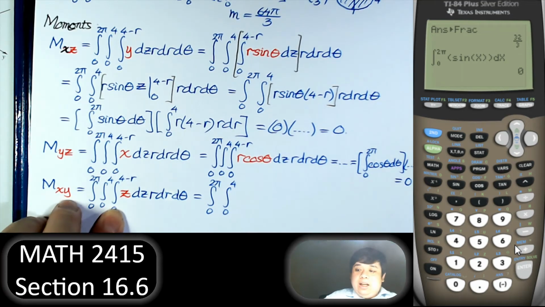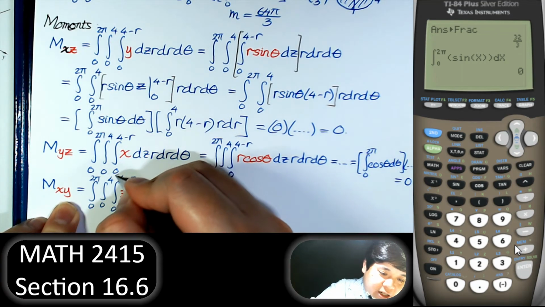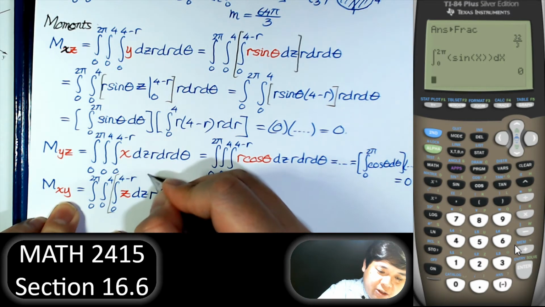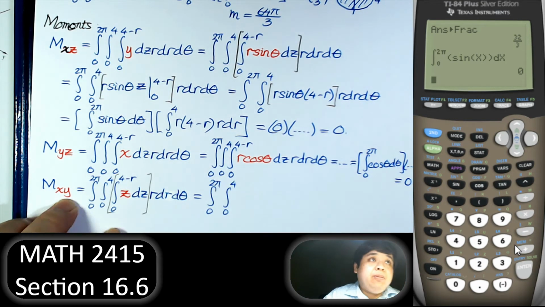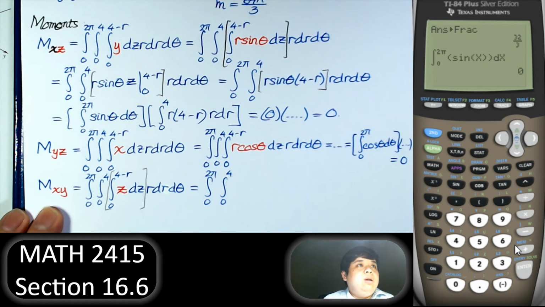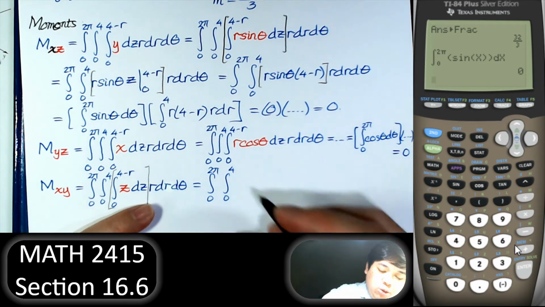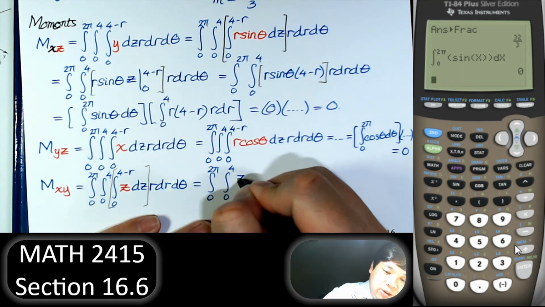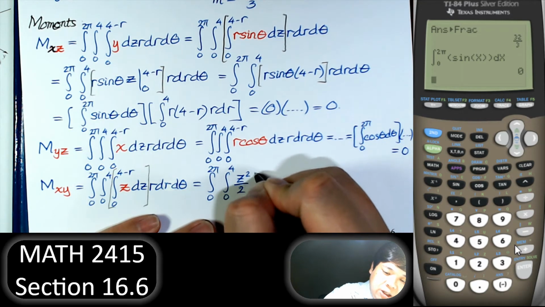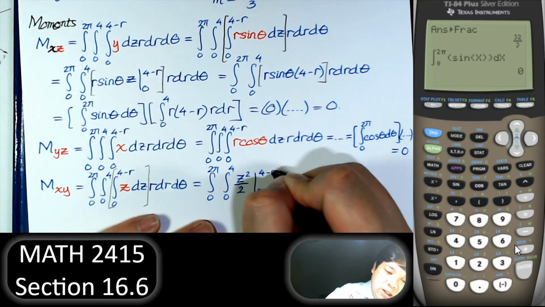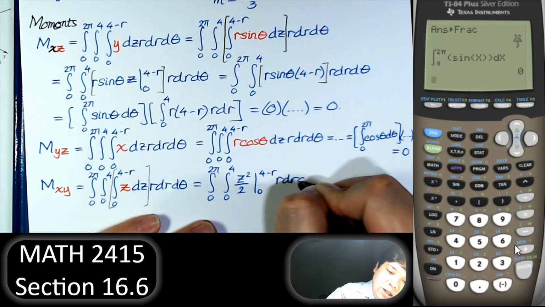Right, now we focus on the inside integral with respect to z, that will be z squared over 2 from 0 to 4 minus r, dr d theta.